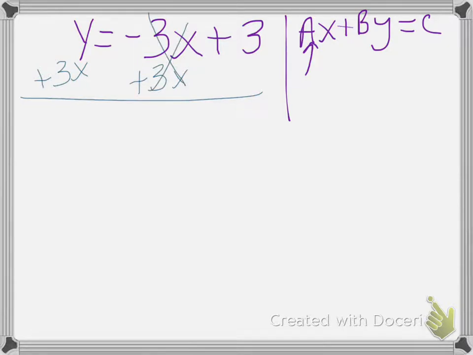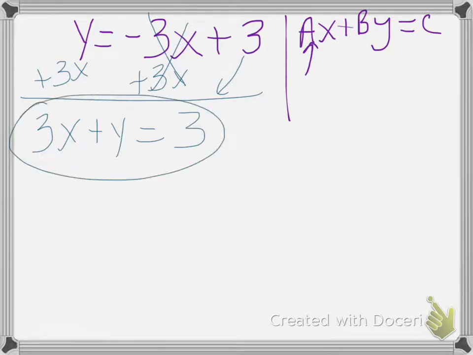Goes away. Remember, you cannot add these. They're different letters. One's an x, one's a y. So leave them alone. 3x plus y equals 3. Is this positive? Yes. Is it a fraction? No. So we are good to go. That's good. This is your standard form.